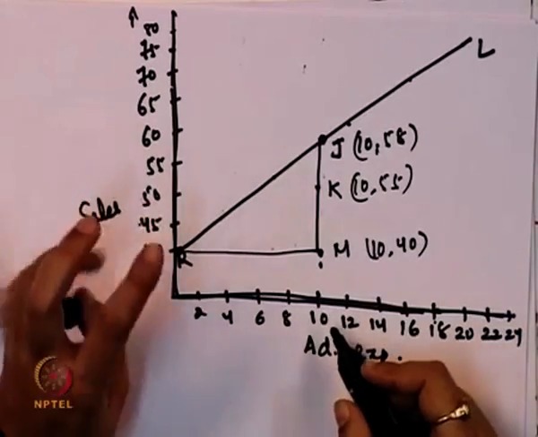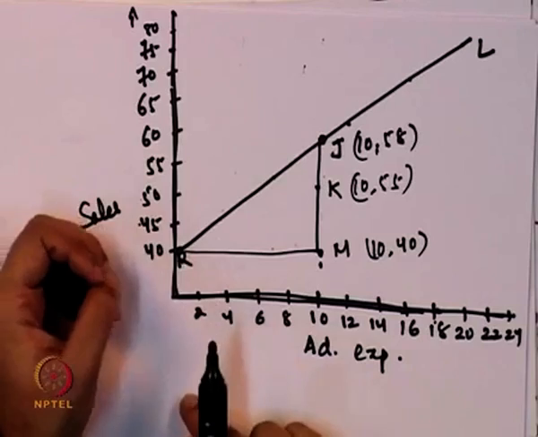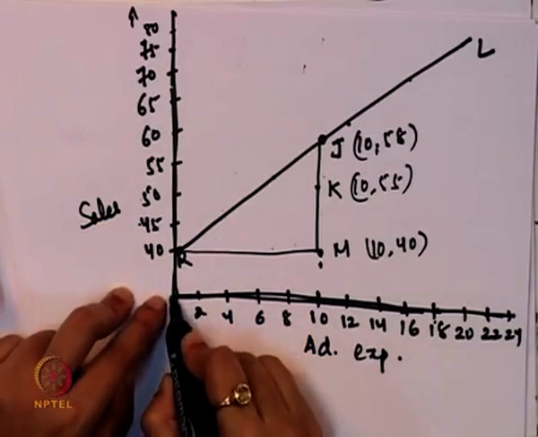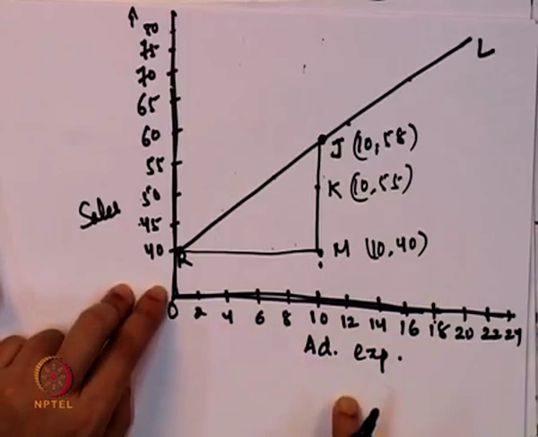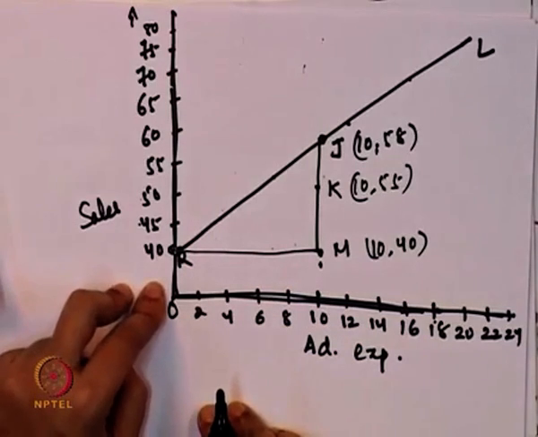Now if you remember, just now we discussed the value of the intercept. If you look, when there is zero advertisement expenditure, the total sales is 40.